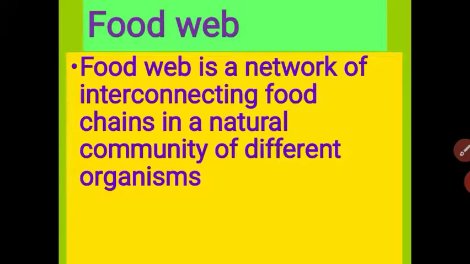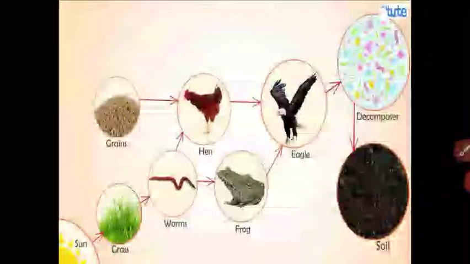Understood, students? We have studied that in the food web figure there are many food chains, where many organisms depend on another organism for food.